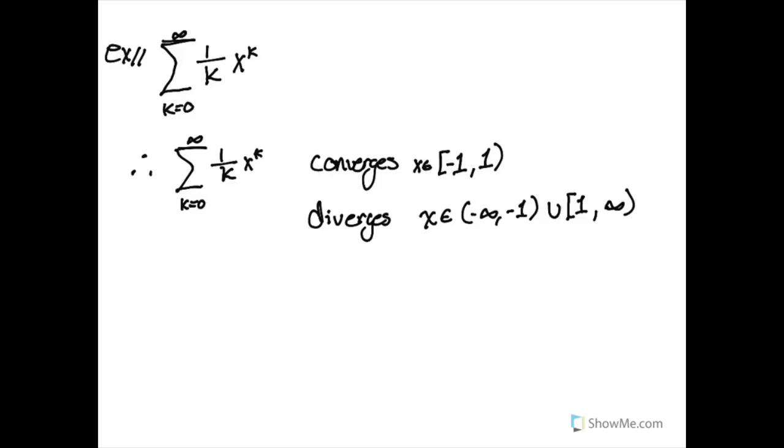And at the points -1 and 1, well, it converges at -1 and it diverges at +1, right? So in this case, the radius of convergence equals 1.